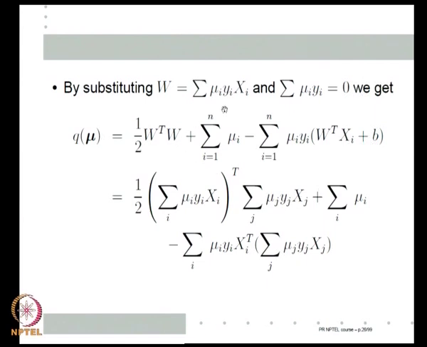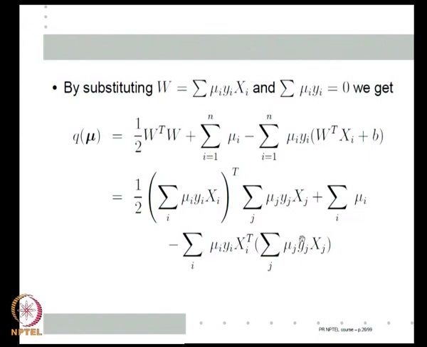This w, once again, i is a dummy index. I put this w as summation over j of mu_j y_j x_j, plus summation mu_i minus mu_i y_i b, which has gone, mu_i y_i times x_i transpose w, and x_i transpose w is once again summation mu_j y_j x_j. So, both these summations are the same.